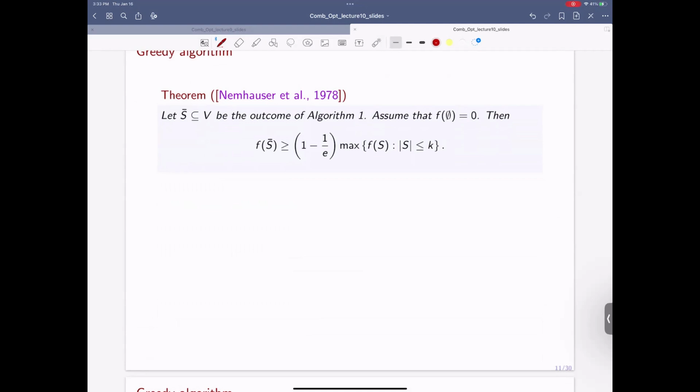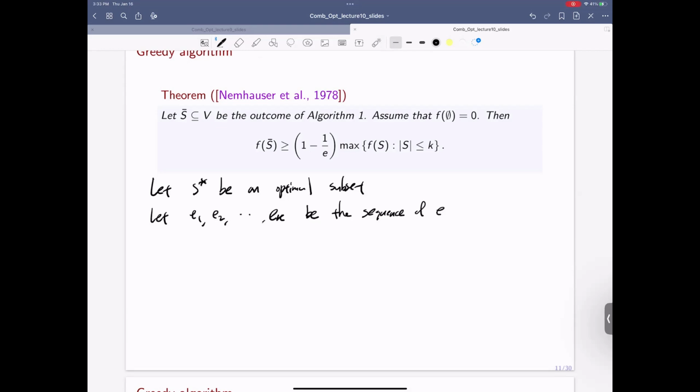The proof is the following. Let S star be an optimal subset which achieves its maximum possible value, and let e1, e2, ..., ek be the sequence of elements chosen by the algorithm.